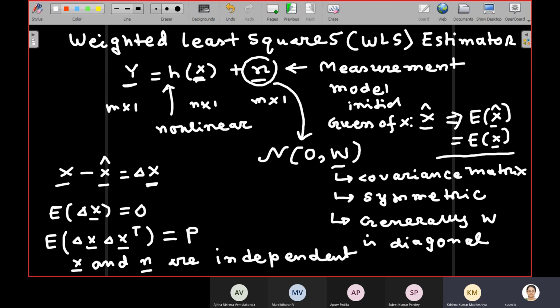Since we have some guess of x and we cannot directly handle nonlinearity, we need to linearize it. We'll first linearize the nonlinear equations using the guess. Okay, and we are going to find the estimate using the linearized version of the nonlinear equations.